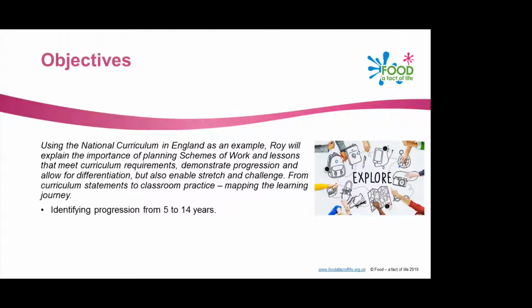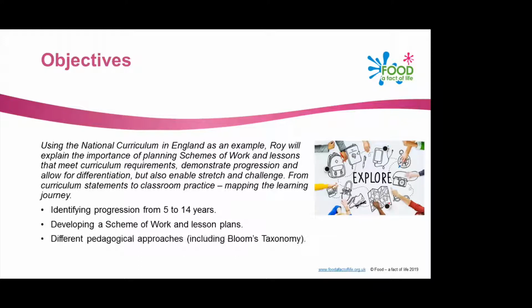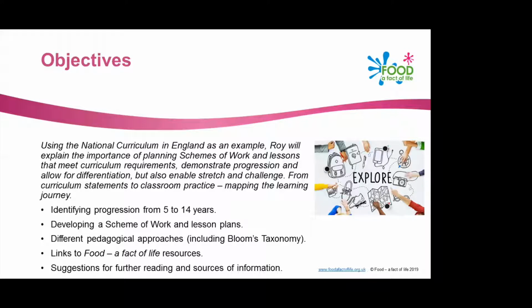And we're going to be looking at progression from 5 to 14 years as we go through developing that scheme of work, looking at different pedagogy, particularly then focusing on Bloom's taxonomy, and then links to the Food Effective Life resources, plus lastly, suggestions for further reading and sources of information.